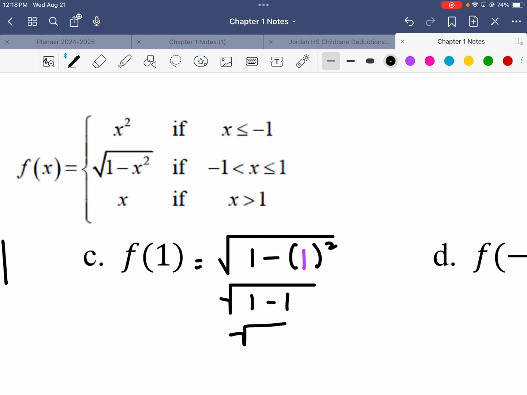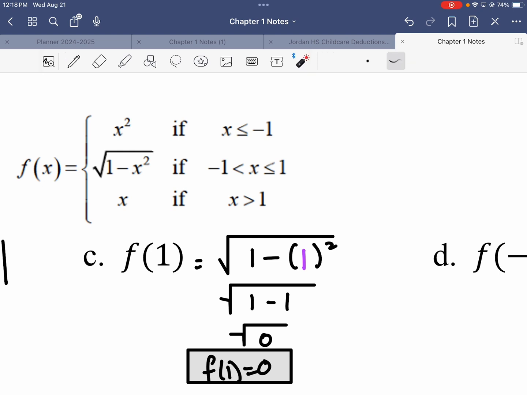What's 1 minus 1? 0. What's the square root of 0? 0. So f of 1 equals 0. Okay, so y now equals 0 here, right? Y is equaling 0. What do we call that on a graph? That is an x-intercept. Good.